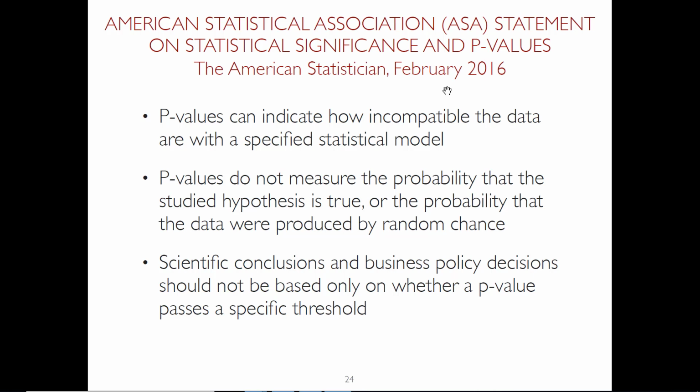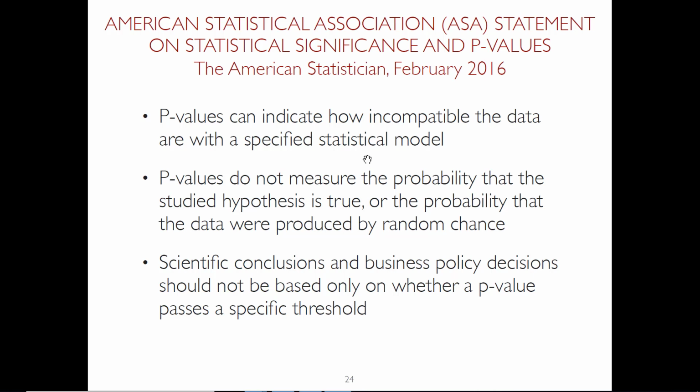So this was really a special case because there was enough confusion in terms of how we use p-values and what they mean. Do they actually validate our experiment? Do they validate our design, or something like that? They're not doing anything of that. And so there was a group of statisticians who essentially wanted to express the intention behind p-values and how they should not be used. So p-values can indicate how incompatible the data are with a specified statistical model.